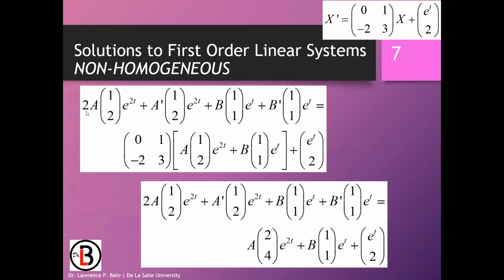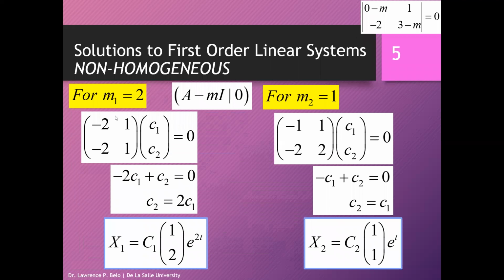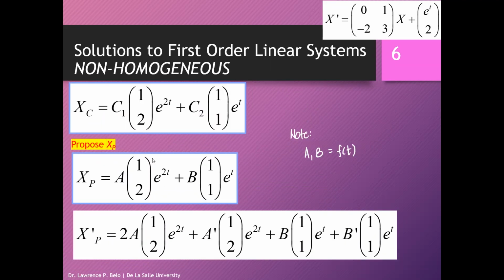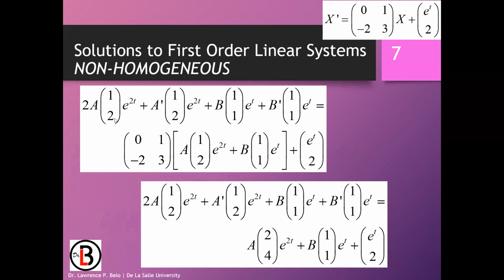So we plug it in the one on top. Because look at the given problem. This is the xp, this is the x prime p. So you'll notice here that x prime, because take note of the form, isn't it that x prime is Ax plus B?